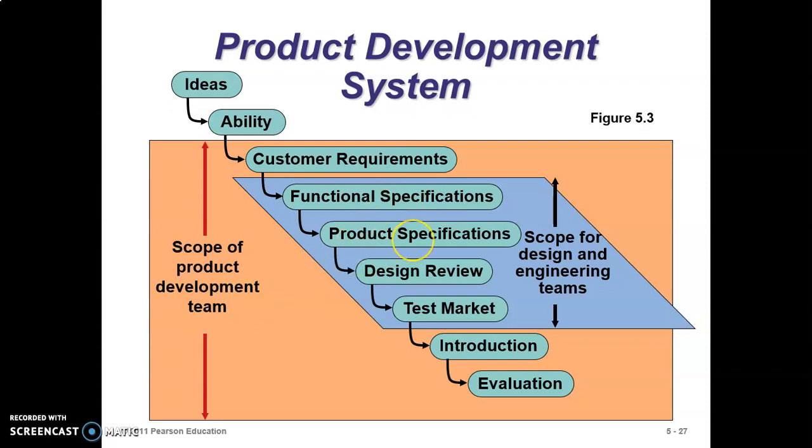Then it goes to the product specification, a specific product. If we want a phone that you don't need to tap, you just speak, Siri for example, that is the specification. Then it goes to design review and test market, whether it is acceptable in the market or not, and we do introductions.